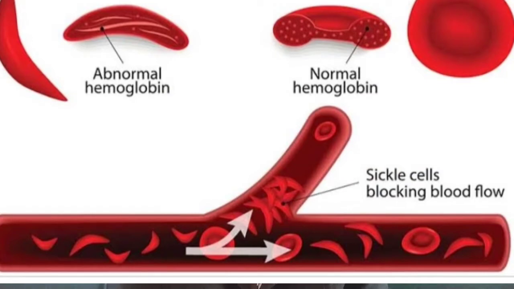When they block this blood flow, oxygen is not going to get to other parts of the body. Sickle cells break apart and die easily within 20 days, leaving you without enough red blood cells, and this is what we call sickle cell anemia.